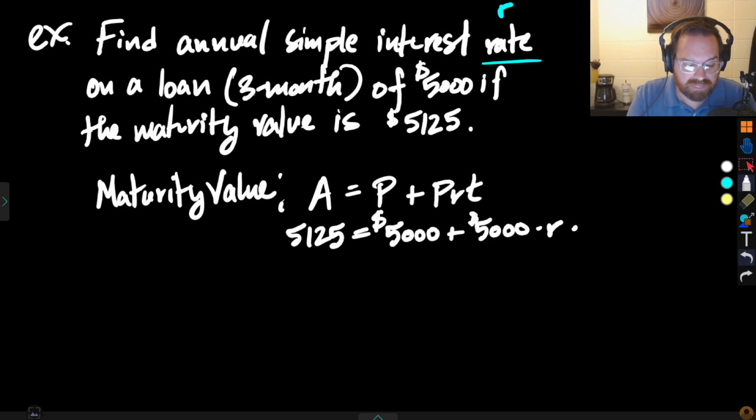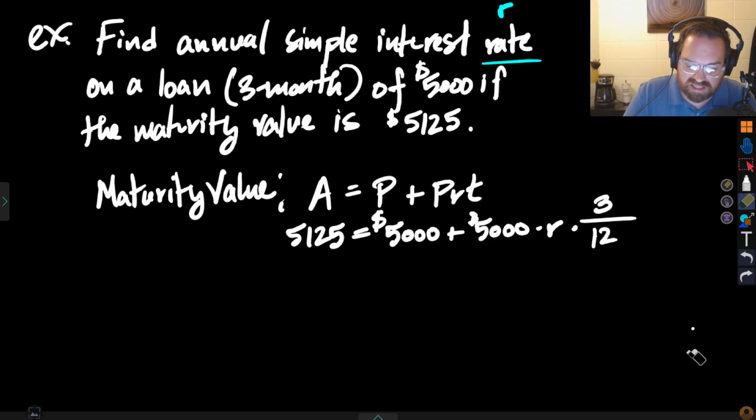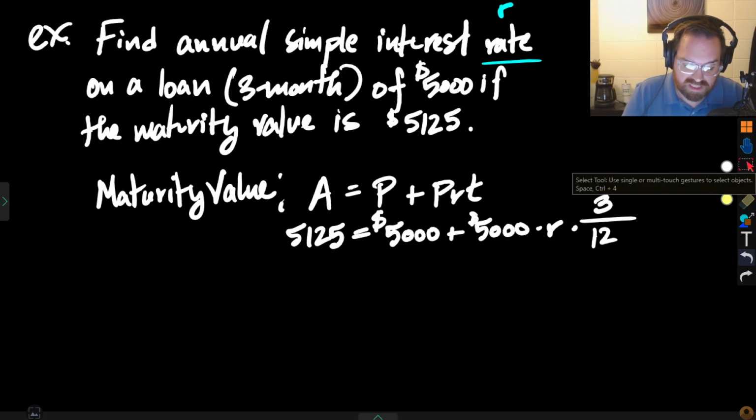I can take the number of months and divide it by the total number of months in a year, 12. So 3/12 is the same as 1/4. You'll get more comfortable doing this because we'll do quite a few of these.